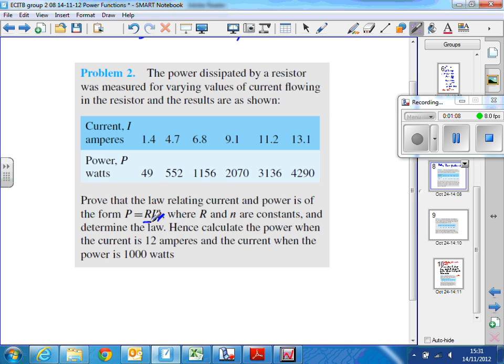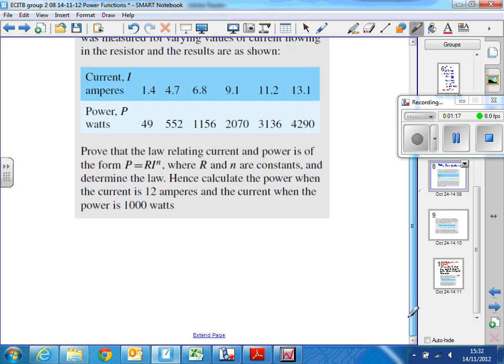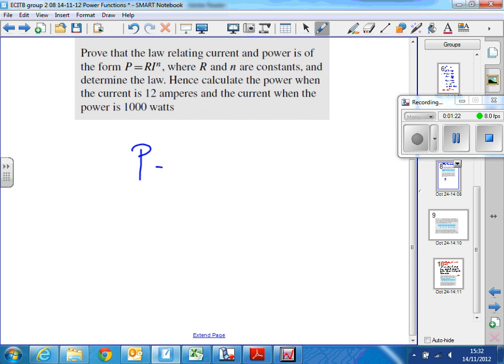So we go about it by using logarithms to rearrange this formula. Power equals Ri to the n.